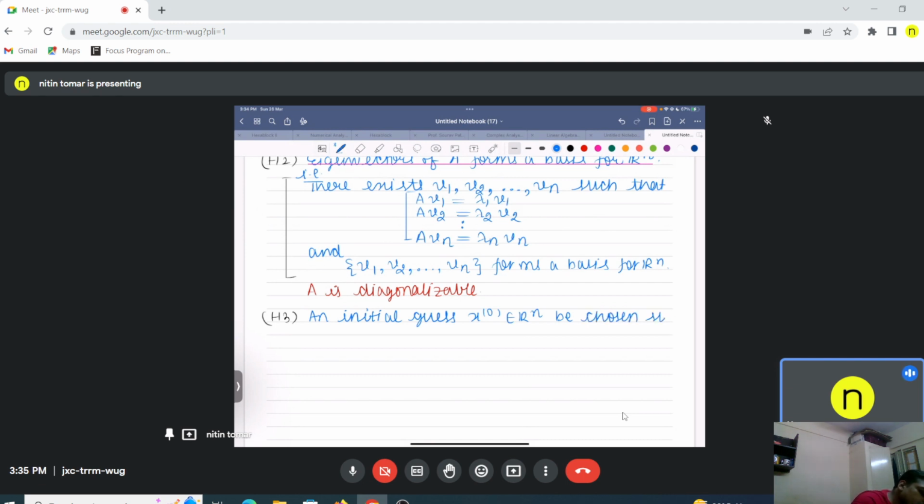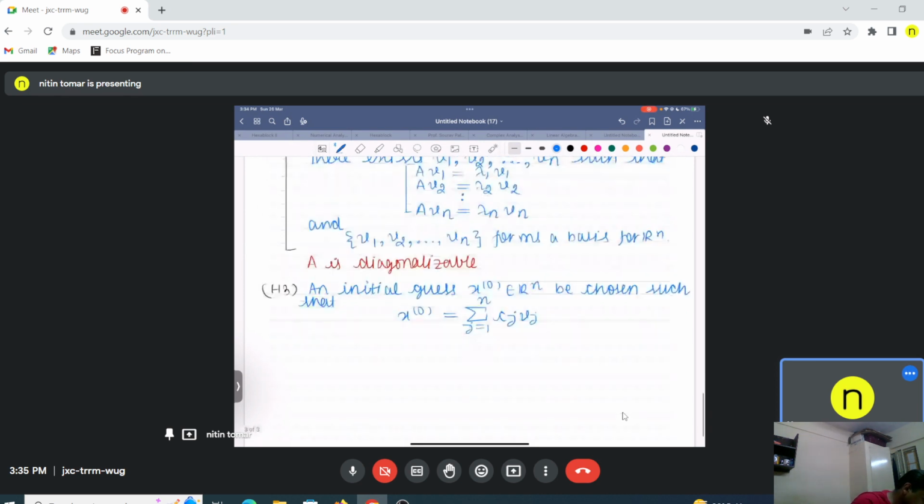It should be chosen such that x naught can be written as the sum of Cj Vj, j going from 1 to n, where C1, C2, up to Cn belong to R, and C1 is non-zero.